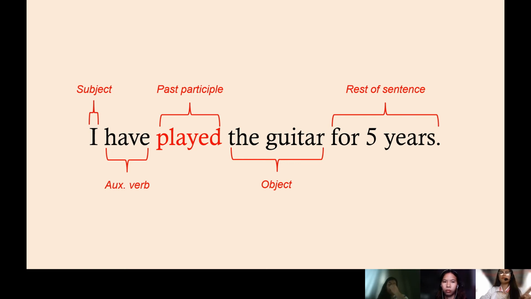I have played the guitar for 5 years. Okay, so always remember that when we are forming present perfect tense, we use have or has plus the past participle. Have or has plus past participle is equal to the present perfect tense. I hope you can still remember all the formulas that we are talking about since earlier.